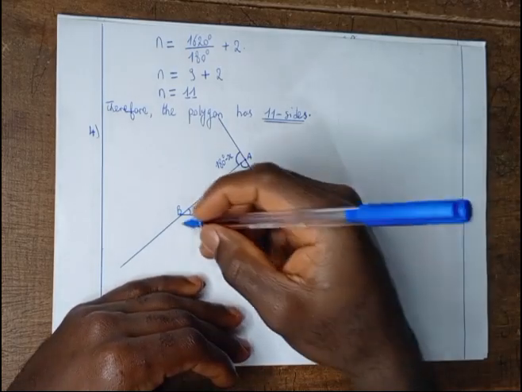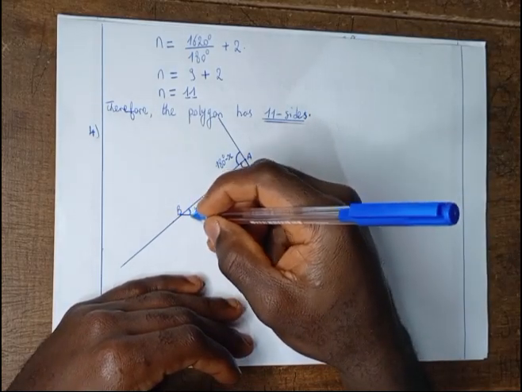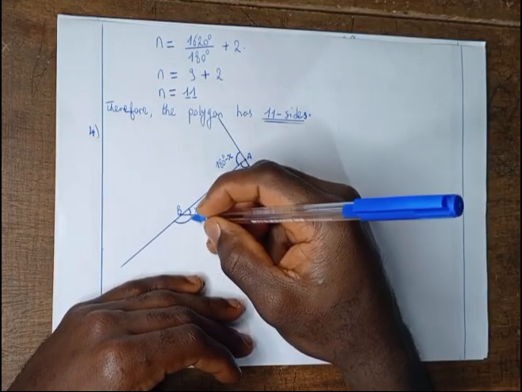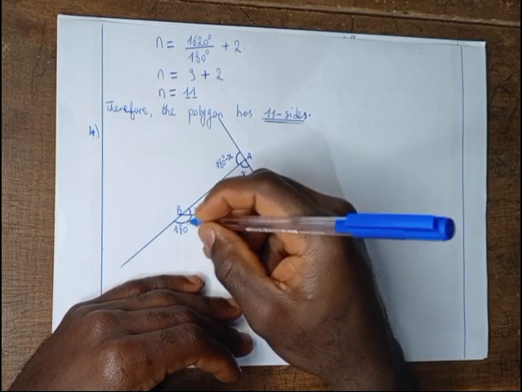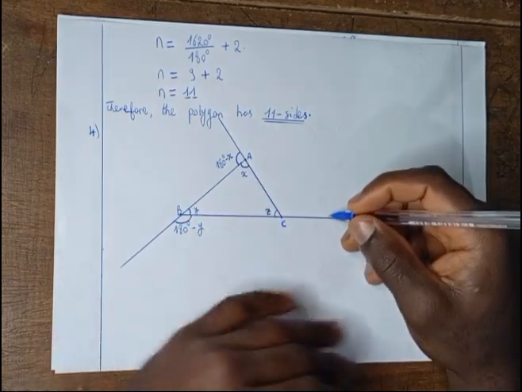Same thing here. This exterior angle will simply be 180 degrees minus Y. The same thing here.